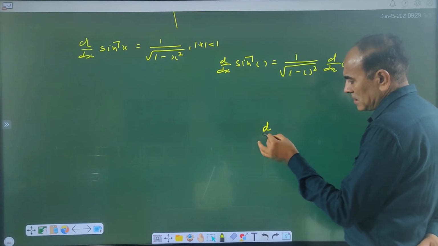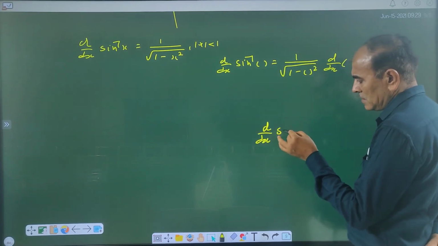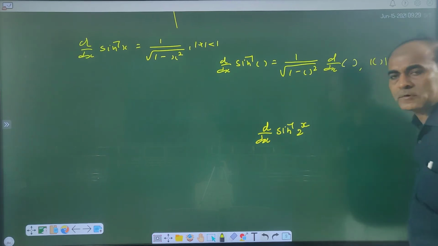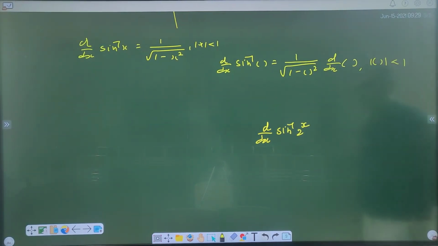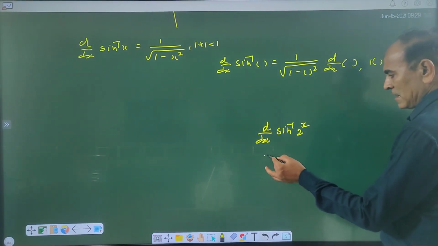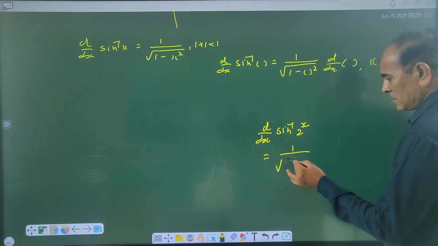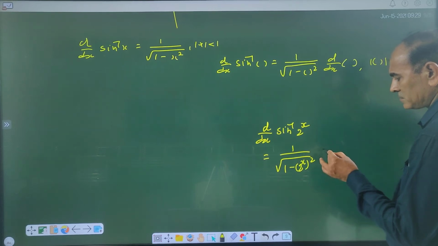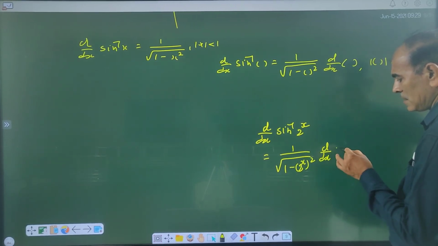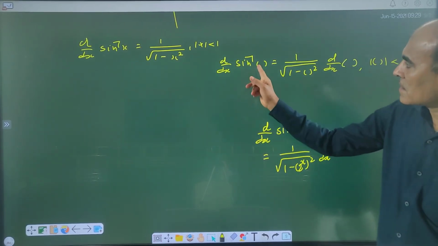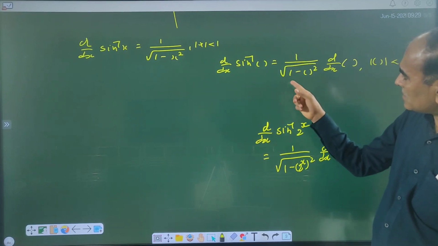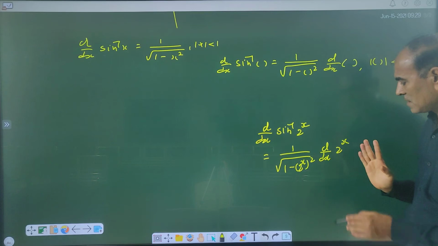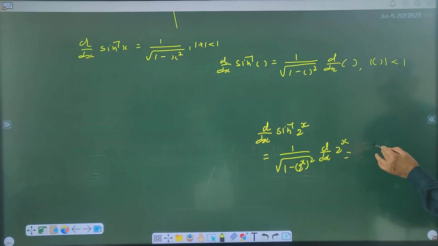Suppose we wish to find the derivative of sine inverse 2 raised to x. That is equal to 1 upon under root 1 minus 2 raised to x whole square into d by dx of 2 raised to x. Sine inverse of some function: 1 upon under root 1 minus some function square, d by dx of some function. Now what is the derivative of 2 raised to x?